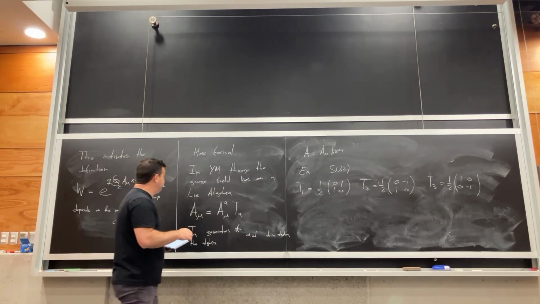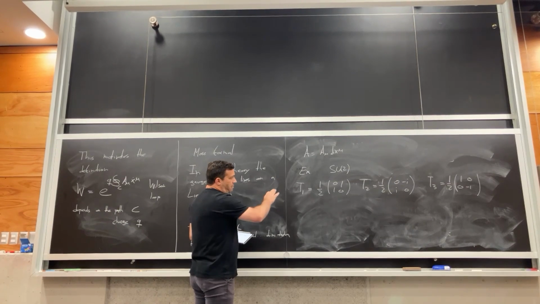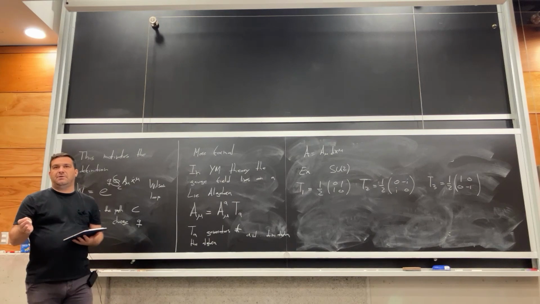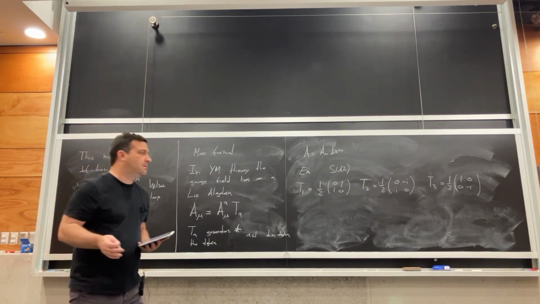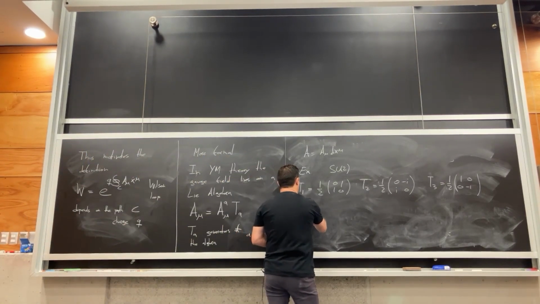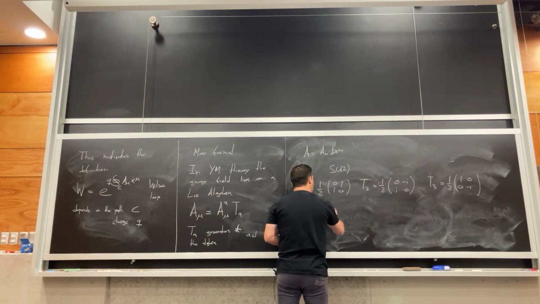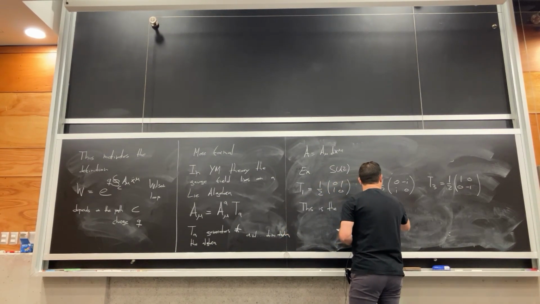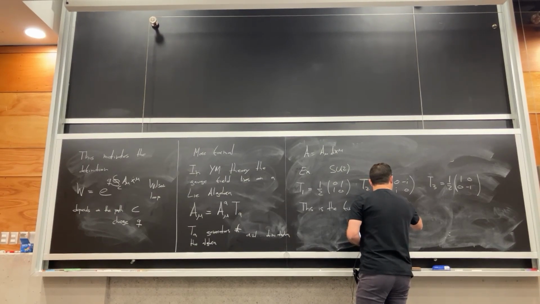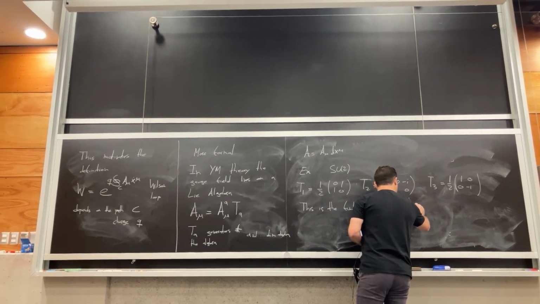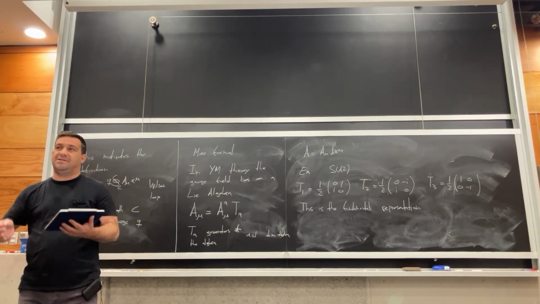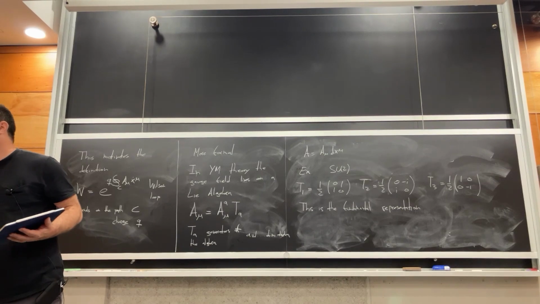Now it's important that this is actually one representation of SU(2). Okay? This is what we call the fundamental representation, which in the case of SU(2) are 2 by 2 matrices, but in the case of SU(N) are N by N matrices.